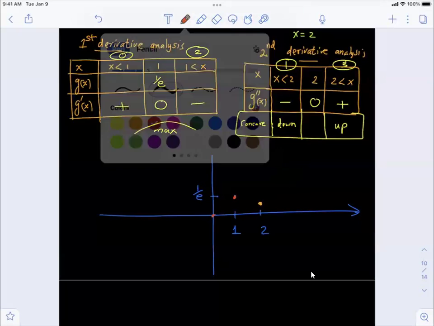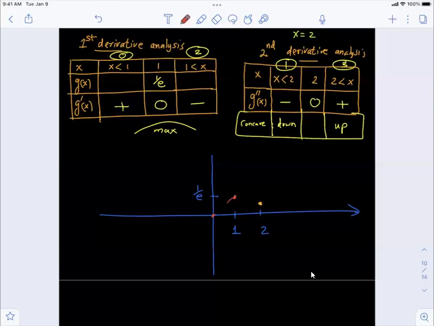So now let's try to put them together. Here you have a maximum, just this. And then it goes through 0. And then it goes all the way down to infinity because it remains forever concave down. It remains concave down, therefore it goes just like that.